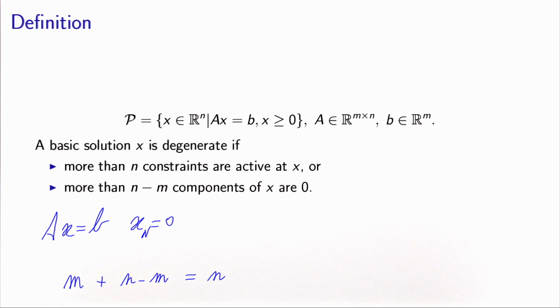So what the definition says is that if the number of active constraints is equal to n, then we have a non-degenerate solution. If we have more constraints that are active, meaning that we have some k such that x_Bk is equal to 0, then the solution is degenerate. So this is the second part of the definition. We can also say that there are more than n minus m components of x that are 0. In other words, we have some basic components of x that are 0.